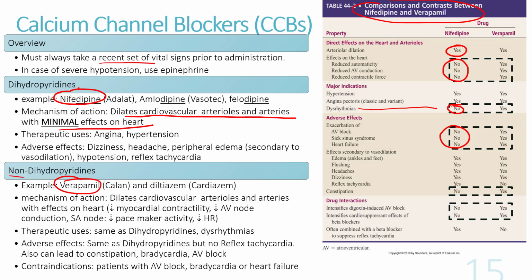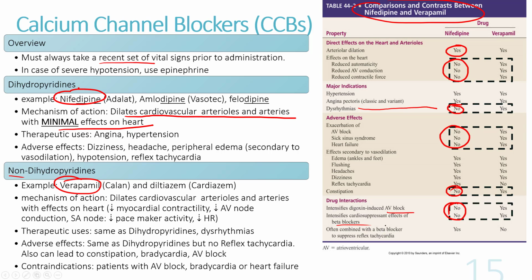So that's what happens. It also incidentally doesn't cause constipation, and because it doesn't have an effect on calcium channels on the heart, it doesn't affect AV block or have any interactions with beta blockers.